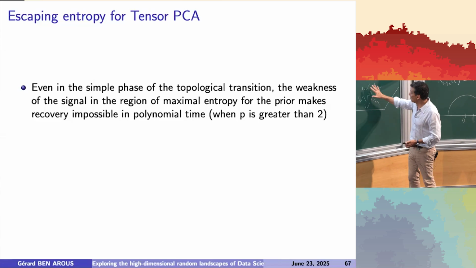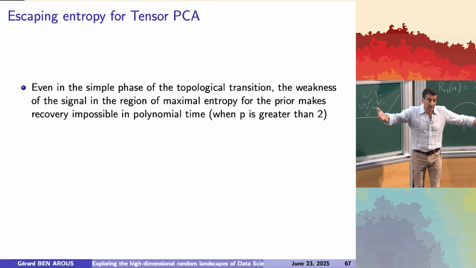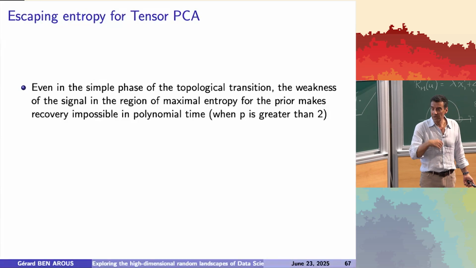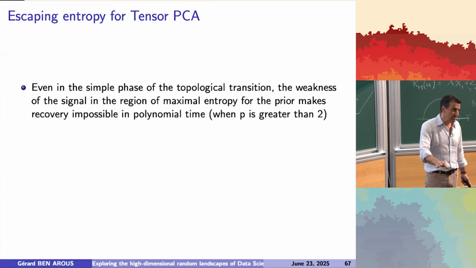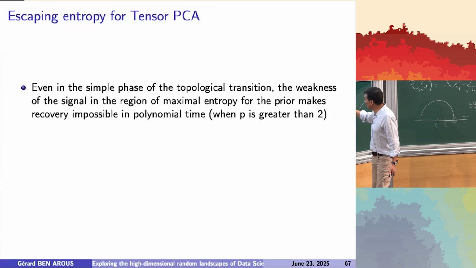You start at random somewhere in the middle, and you look at your dynamics. Let's say the one you want: gradient descent, gradient flow, SGD, Langevin, whichever. What I'm saying will be true for all of them. So you start from here and you want to go there.